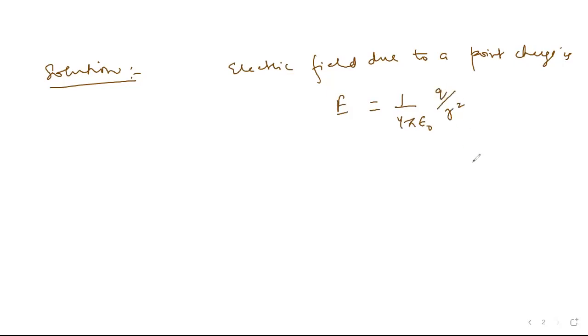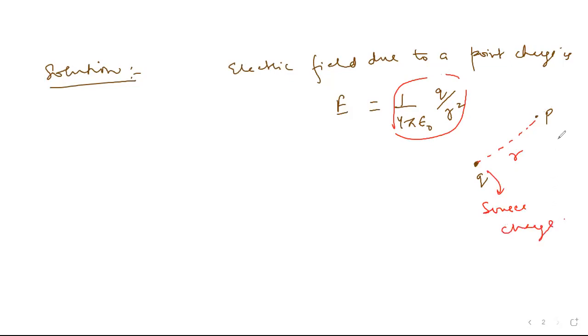That means if I have a charge q and I select the point P, r distance from this charge, then at point P, this much electric field exists, right? So this Q we sometimes call source charge.